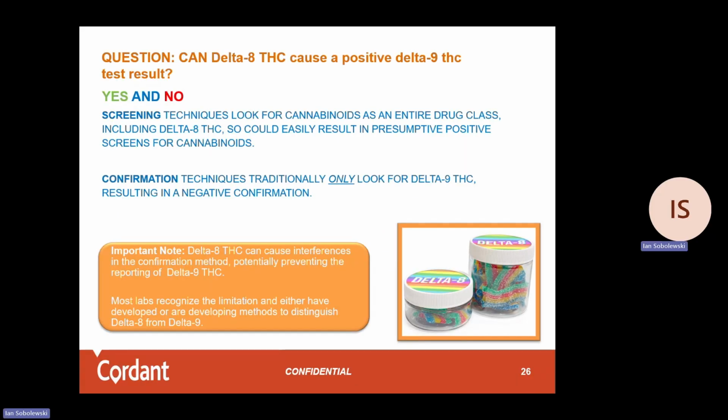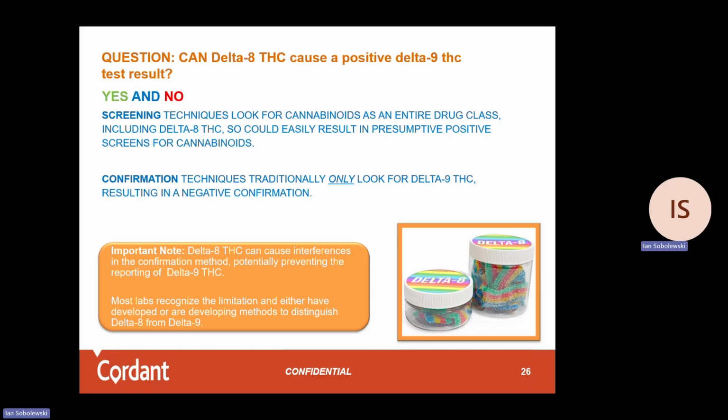Now, can delta 8 cause a positive for our THC test? Again, that's a yes and no. So what we're seeing in our testing when a donor is consuming delta 8 is usually the screening test is coming up positive. And when our clients are asking for a confirmation, what they're getting is a result that says could not run or did not result, something to that effect.